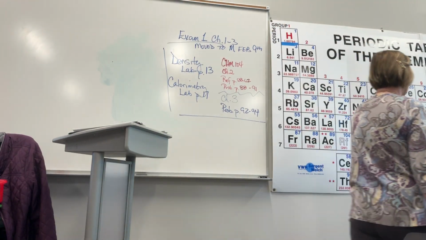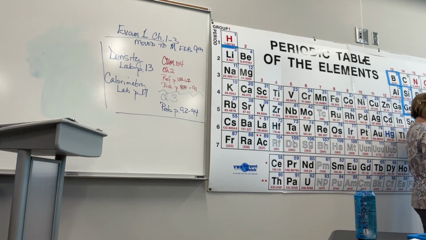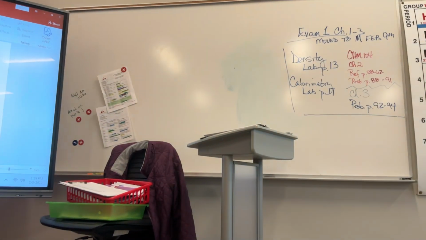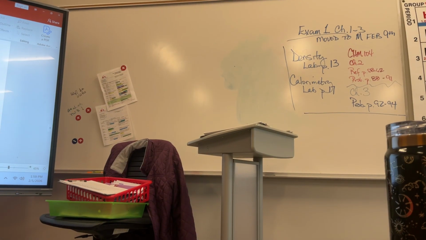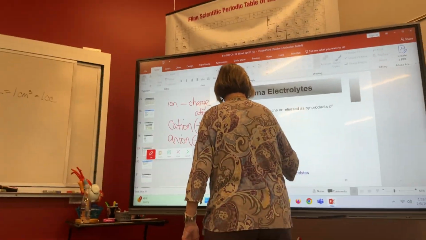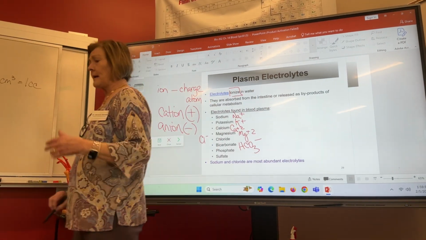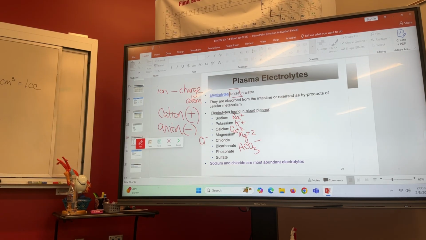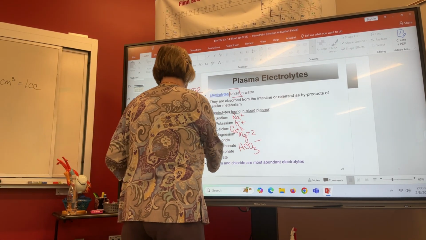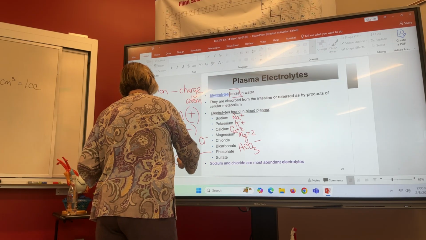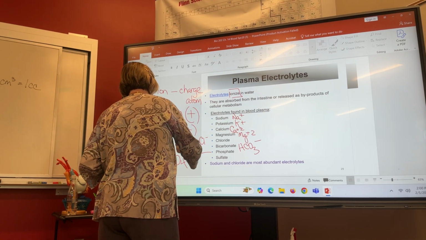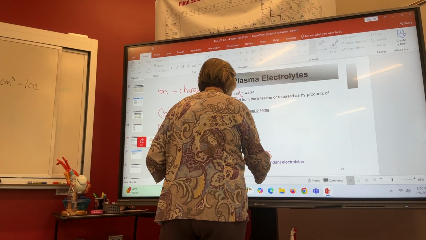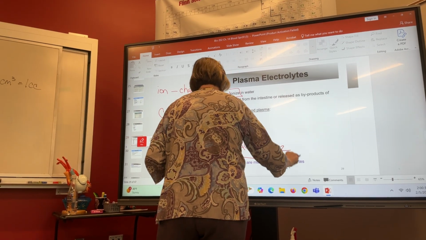Chloride is over here, a halogen. It's going to be a -1. So it's going to be an anion. So chloride, -1. Bicarbonate, that's one I'll ask you to memorize. Bicarbonate is a -1. And then phosphate, PO4 with a -3. And sulfate is SO4 with a -2.